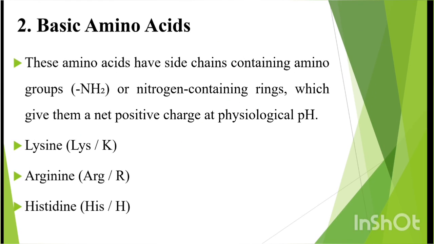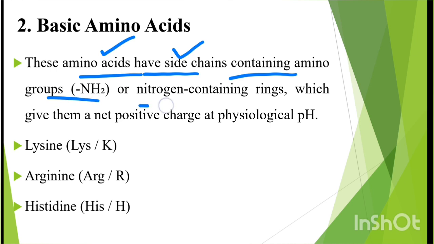Next, basic amino acids. These have side chains containing an amino group or nitrogen containing ring, which gives them a net positive charge at physiological pH. So normally they are present with a net positive charge.